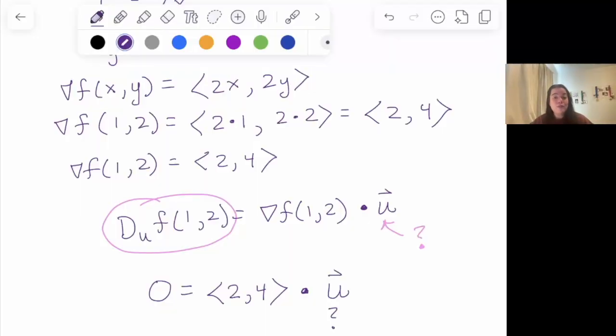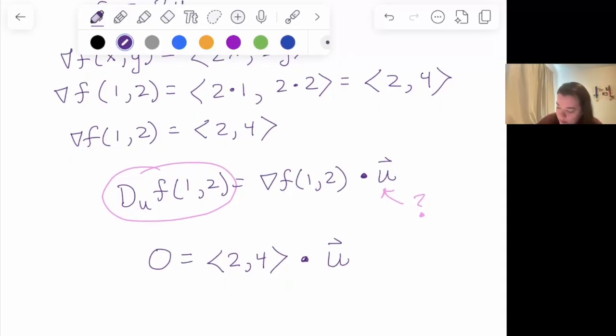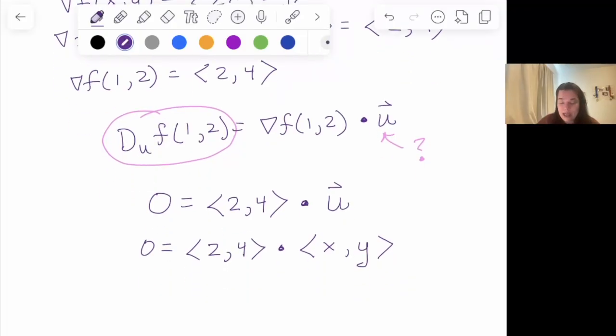Now, keep in mind, there's more than one answer for u. There's actually 2 different directions for u, but we won't get too much into that. We're just going to learn how to find one of the appropriate directions. So this is done through a little bit of trial and error and some guessing and checking here. Your job is to find x and y.